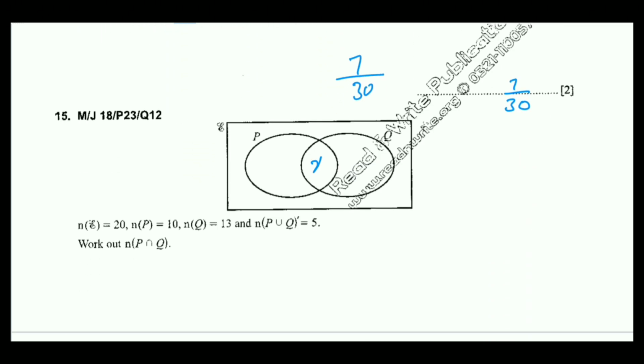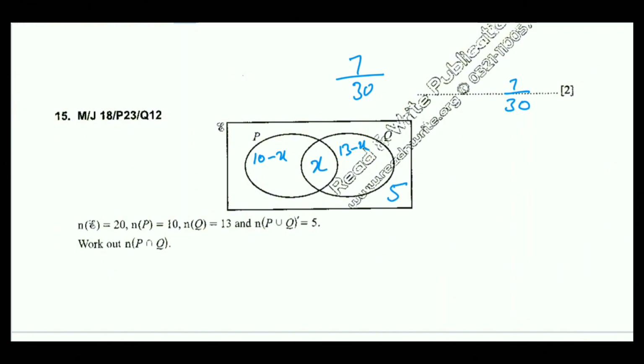The middle value will be supposed as x. Number of P is 10, you can see here. It means this part will be 10 minus x, as I told you already. Number of Q is 13. It means this part will be 13 minus x. And number of P union Q complement means not P union Q. That will be outside the circles. So this part will be 5.